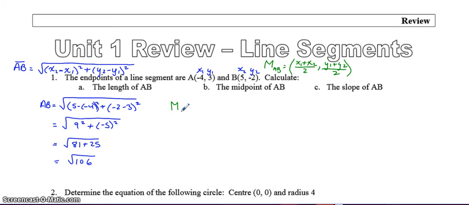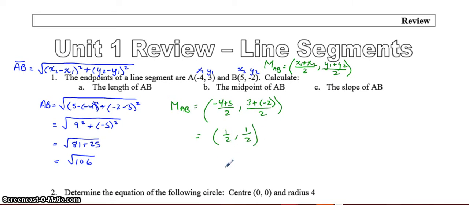So the midpoint of AB is negative 4 plus 5 over 2 for the x-coordinate, and 3 plus negative 2 over 2 for the y-coordinate. And this works out to 1/2, and just by coincidence, this also works out to 1/2. Your numbers should stay as fractions and lowest terms. Do not round them to decimals.